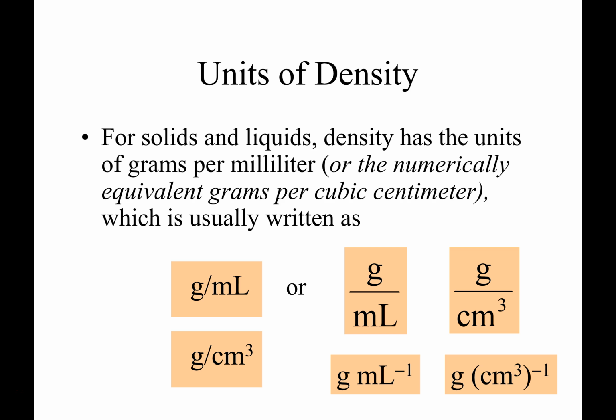In physical science, not just chemistry, the units are very important to whatever thing you're talking about. So since to get density, we're going to take mass divided by volume, it shouldn't be so surprising that our units of density will be mass per volume. Grams per volume, milliliters.